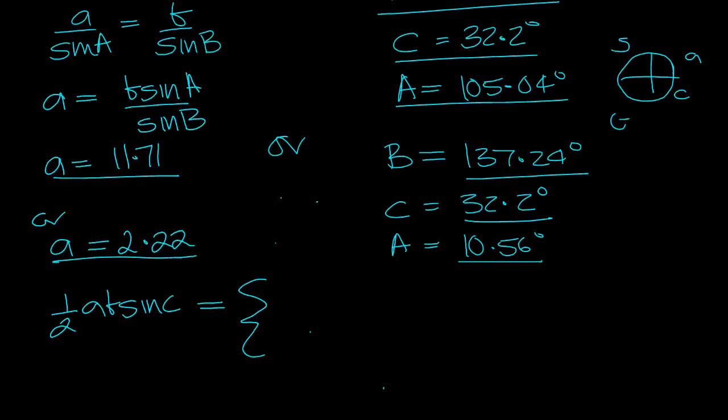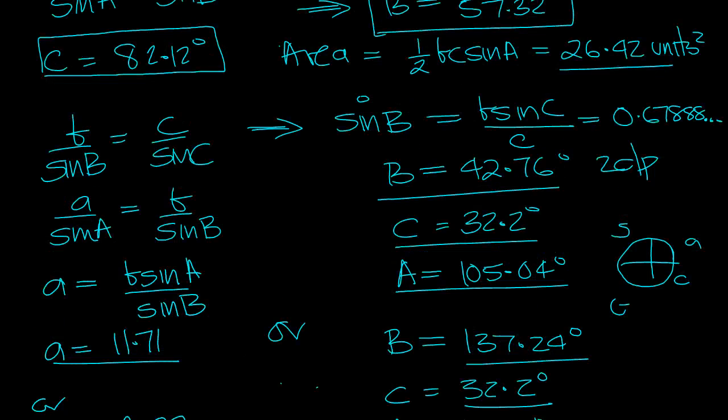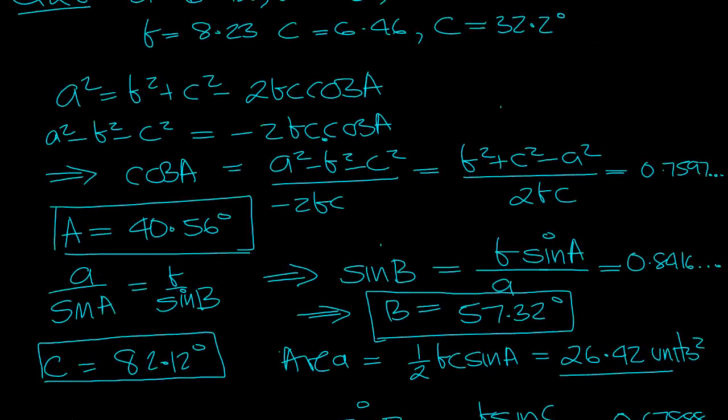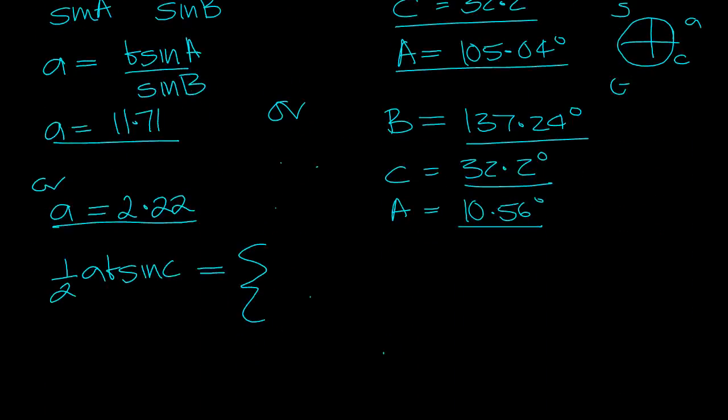So wouldn't it be better to use the B and the C? Because they're the same for both triangles, aren't they? So it's half BC sine A would be the better formula to use. So let's do that then to avoid any confusion.